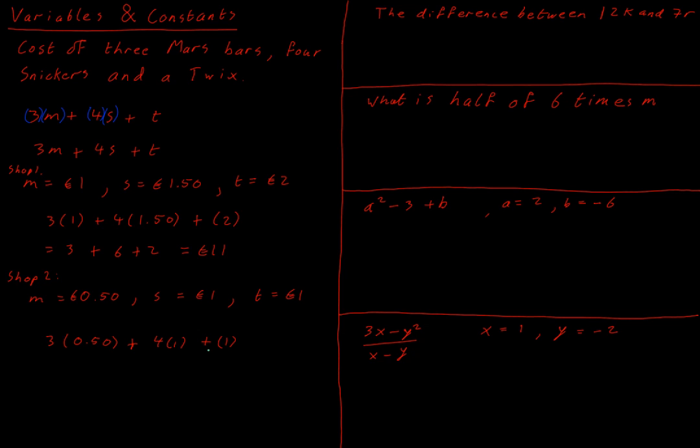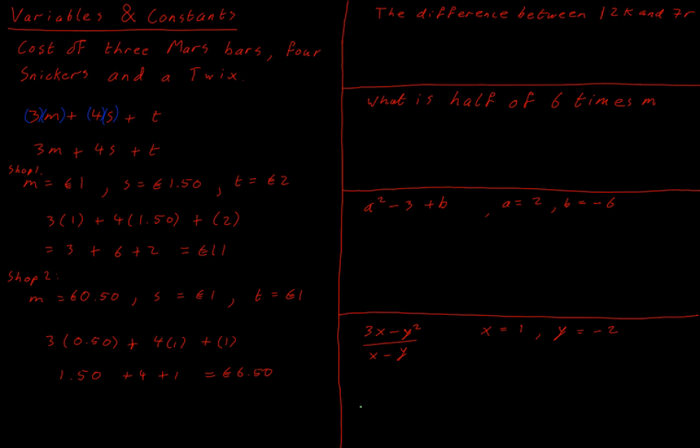Again, we're now back to what we already know quite well. We're able to multiply that out. We're going to get 1.50 for our Mars bars, we're going to get €4 for our Snickers bars, and we're going to get €1 for our Twix. And when we add all of that up together, you're going to get €6.50.